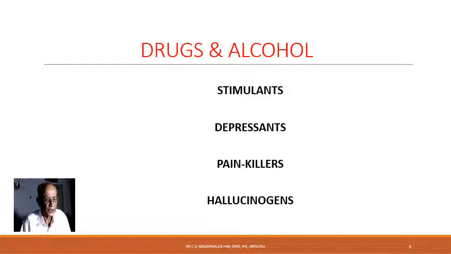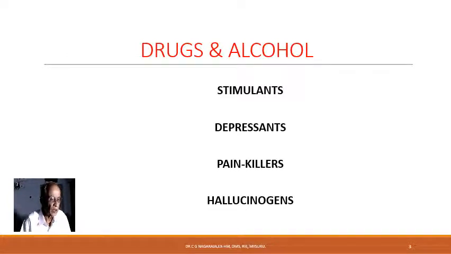And hallucinogens means they produce some kind of imagination that is not there, that is non-existent. Especially drugs will do that. Ganja, hashish, charas, all these things will do that.